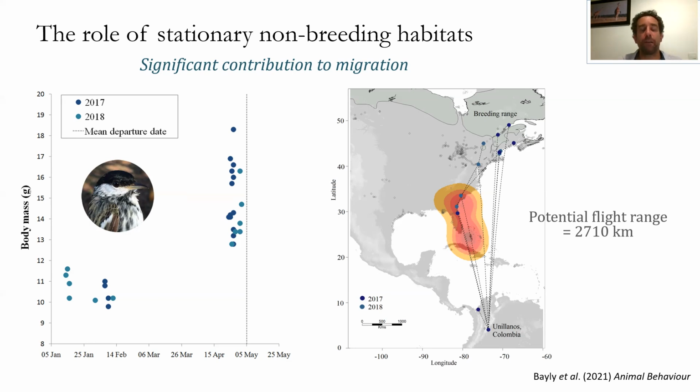So this is a significant portion of the migratory journey. Somewhere between 50 and 60% of the entire journey to the boreal breeding grounds can be covered with fuel acquired on the stationary non-breeding grounds. So clearly these non-breeding habitats actually have a significant role to play in shaping migratory strategies within this flyway.